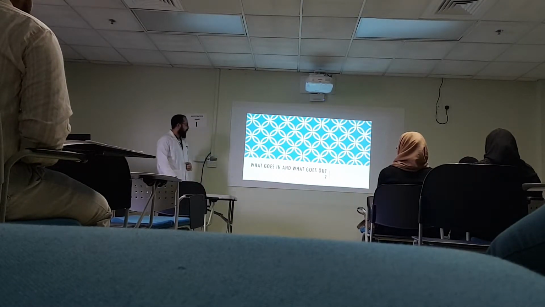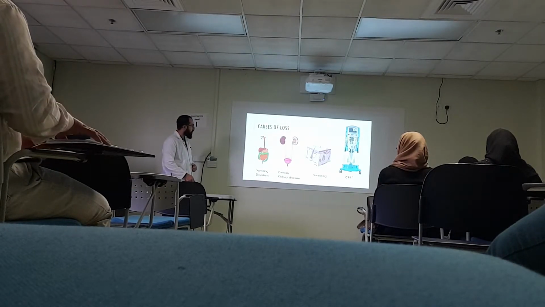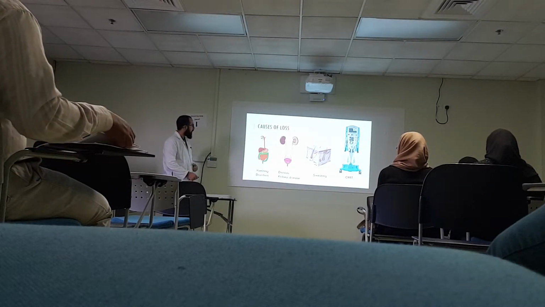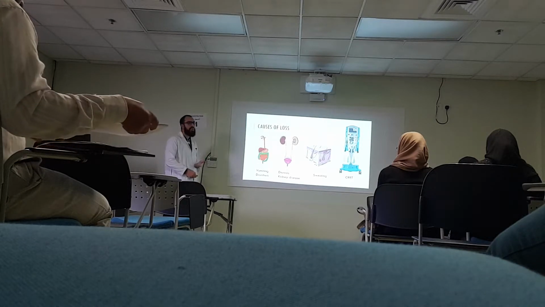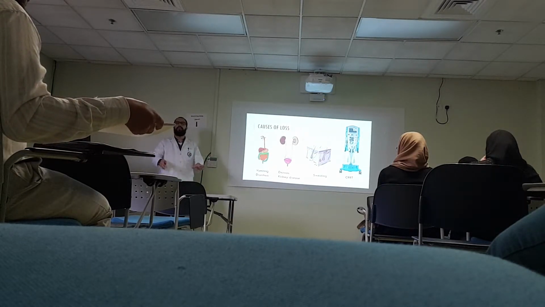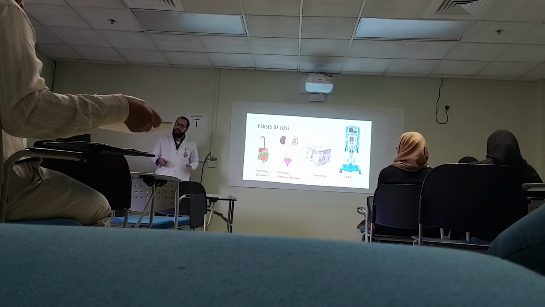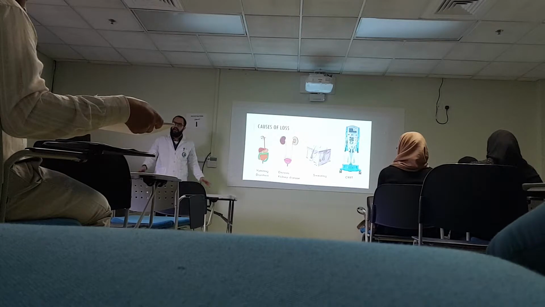So what makes the electrolytes go in and out? We have organs that control the electrolyte movement in our body. Let's say why the person loses electrolytes. In general, any fluid loss means electrolyte loss.